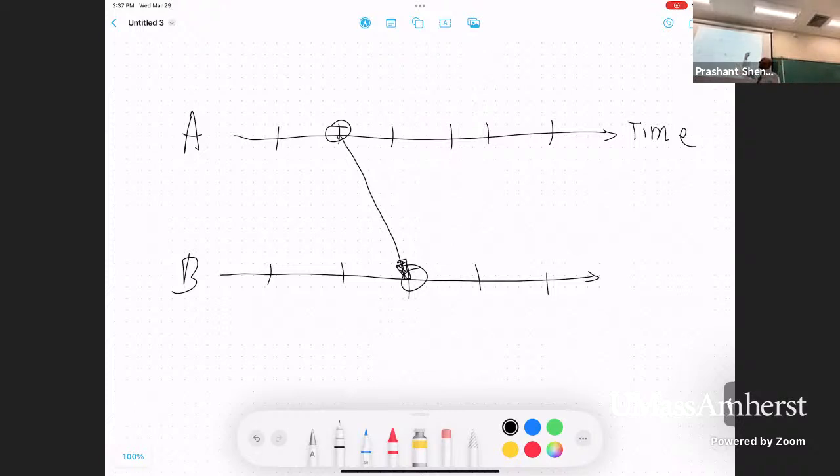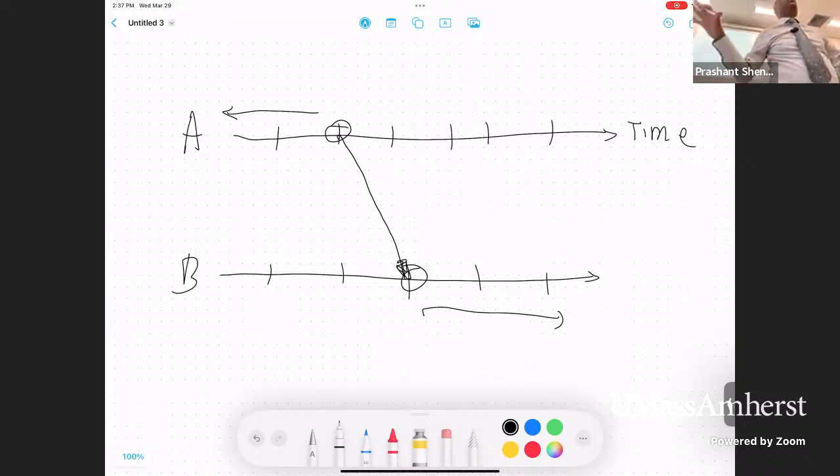Now we also know that events within a single application or a single machine are ordered based on execution order. So this also means all the events before the send are ordered with respect to that send. We know all of those events have happened before that send. Similarly, because of execution order, all the events after the receive have happened after that receive event. So all the subsequent events are ordered with respect to that event. Now you can use the transitivity property, and you can order events across machines based on this single message.